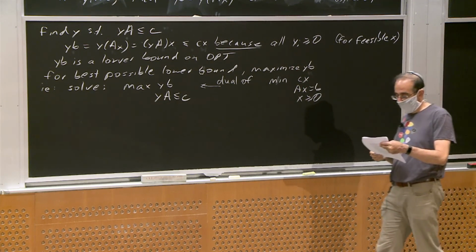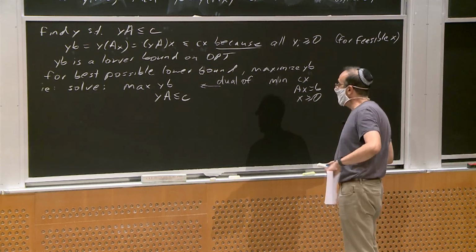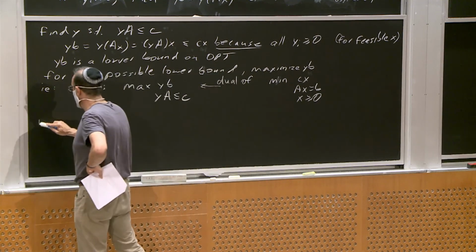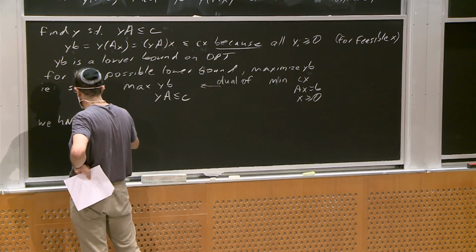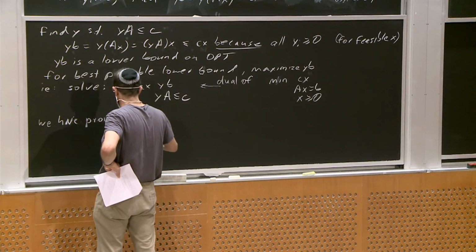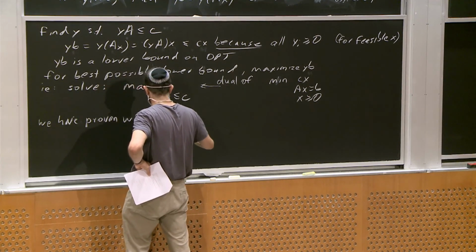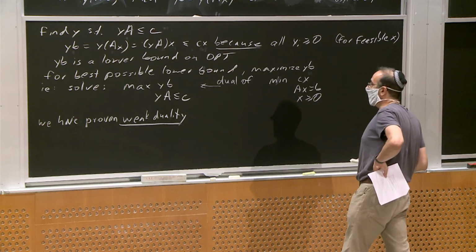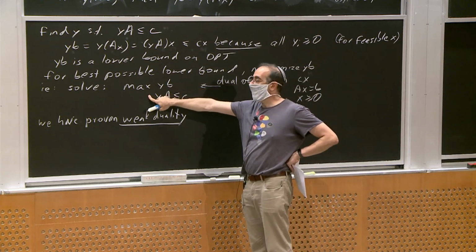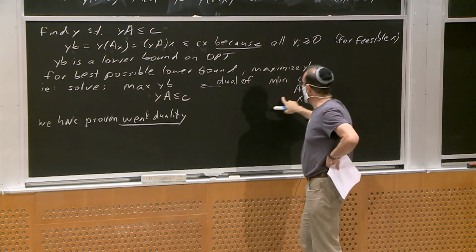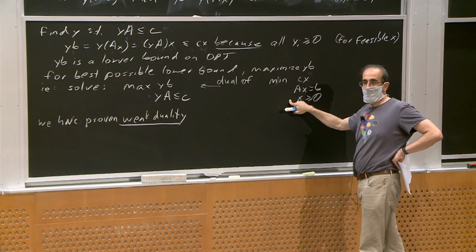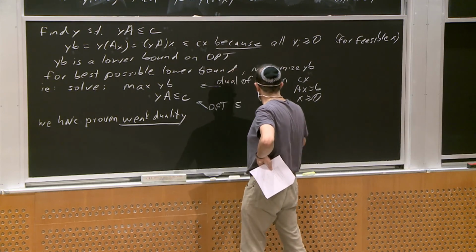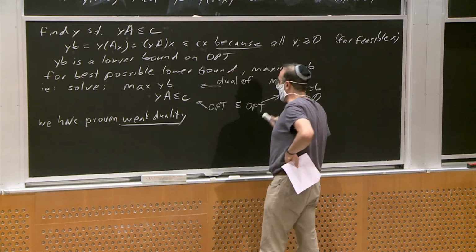And if you think about it, we have just shown, we've actually proven weak duality, which is the statement that the optimum of this linear program is a lower bound on the optimum of this linear program. In other words, this optimum is less than or equal to this optimum.